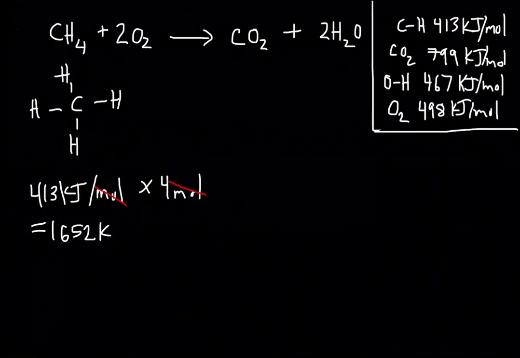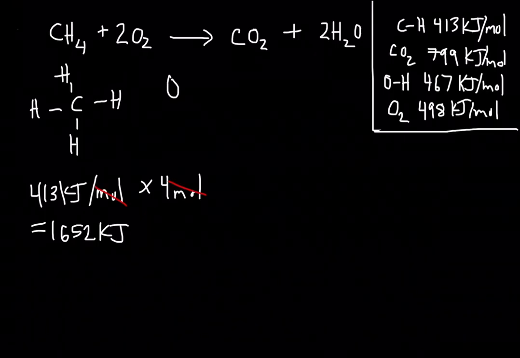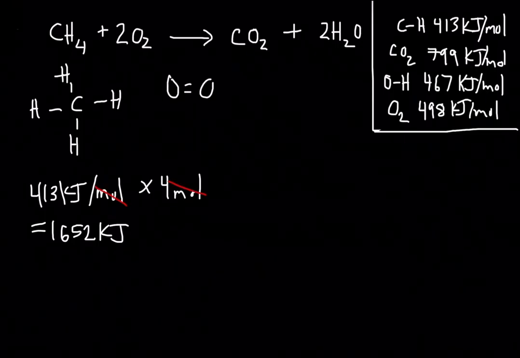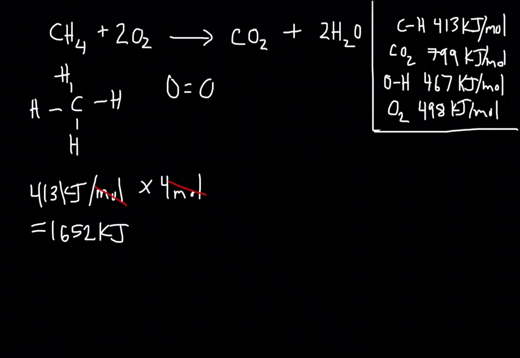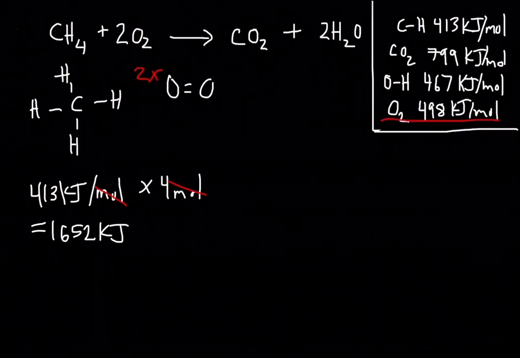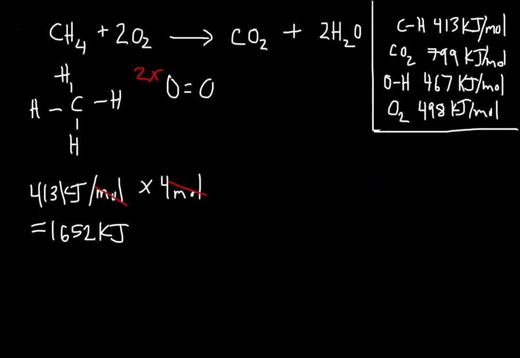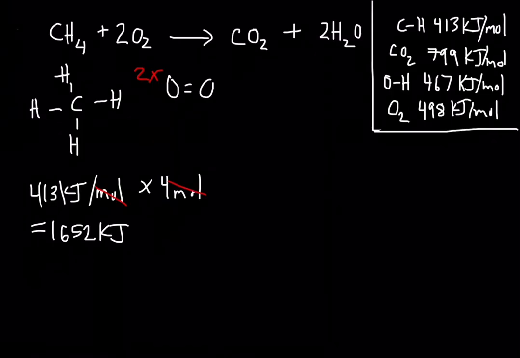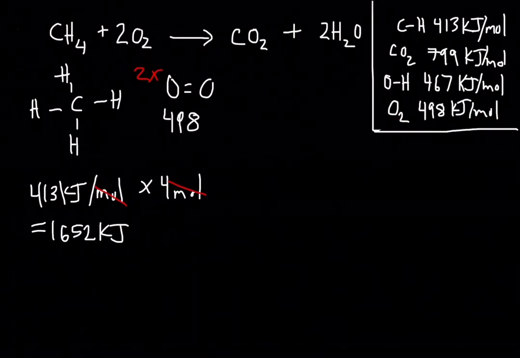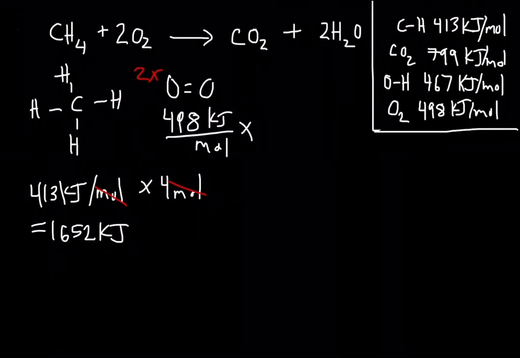1652 kilojoule. And now with oxygen, so oxygen looks like this, diatomic. And we have 2 mole of that, so we have to keep in mind there are 2 mole of that. We are given the bond energy for oxygen, which is 498 kilojoule per mole, times 2 moles.